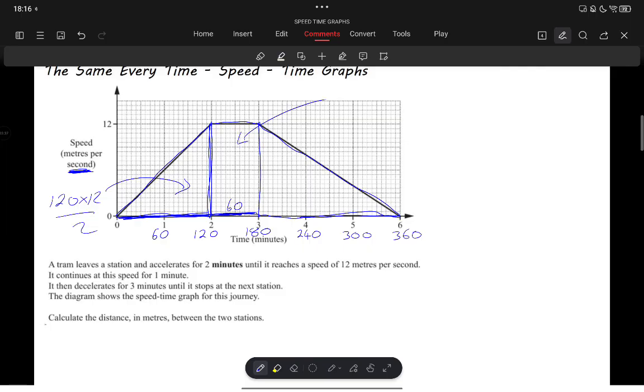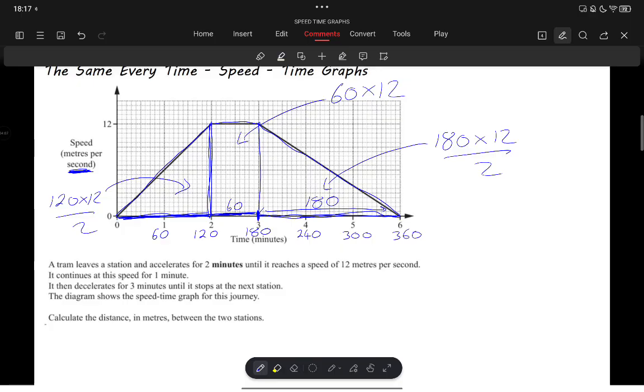So the area of the rectangle is base times height, not with a divide by 2 because it's a rectangle. Then we have the final triangle just here. From 180 to 360, the base of that particular triangle is 180, isn't it? And the height is still 12. So base times height, divide by 2.